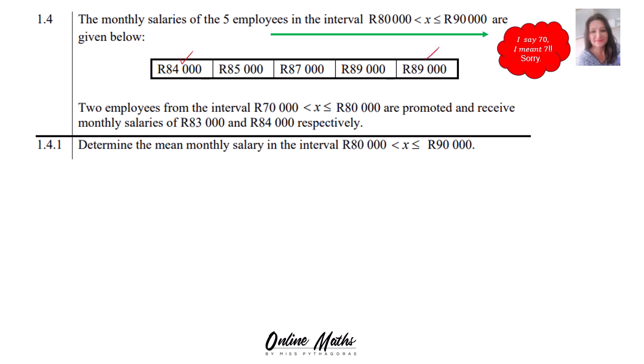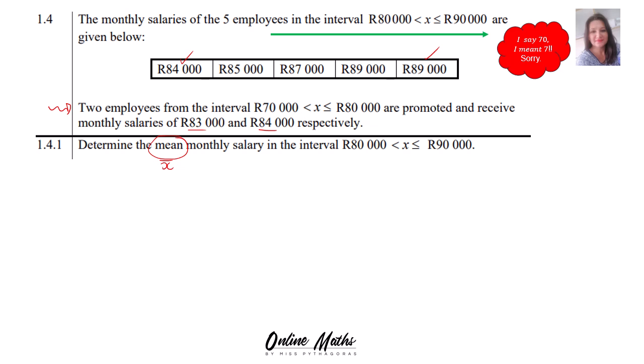Two employees from the previous interval, 70 up to 80, are promoted and receive monthly salaries of 83,000 and 84,000 respectively. Number 1, determine the mean salary in the interval 80 up to 90.